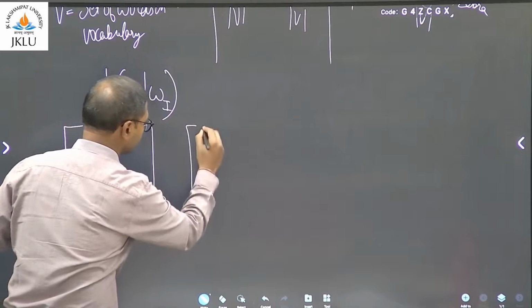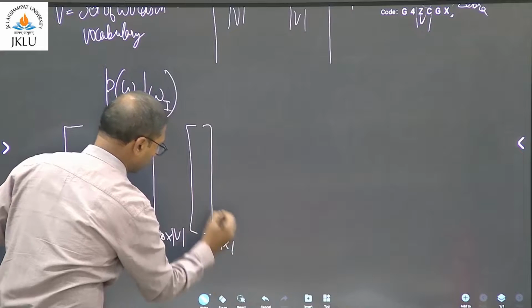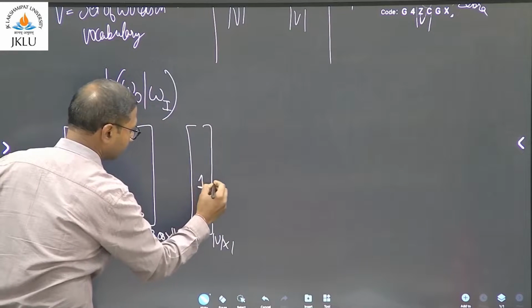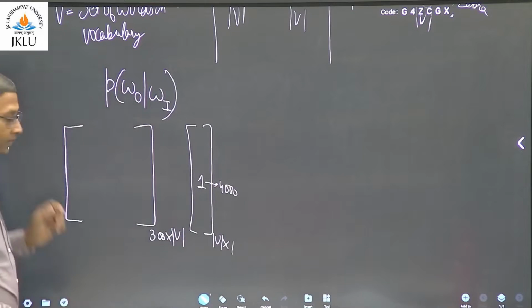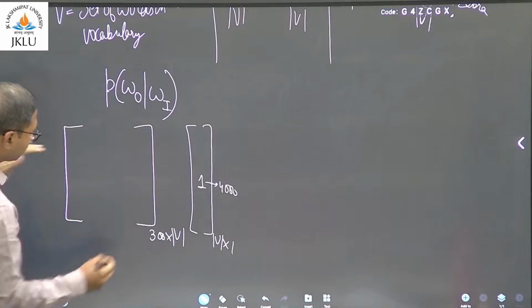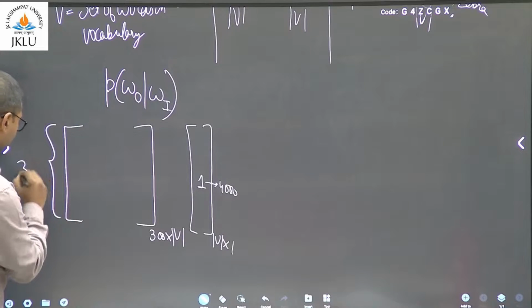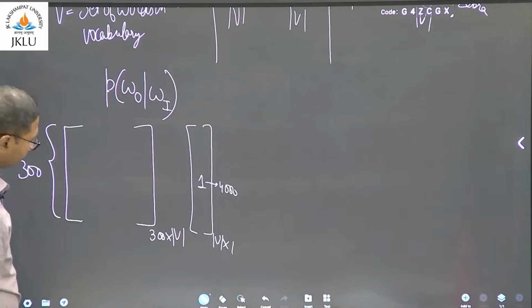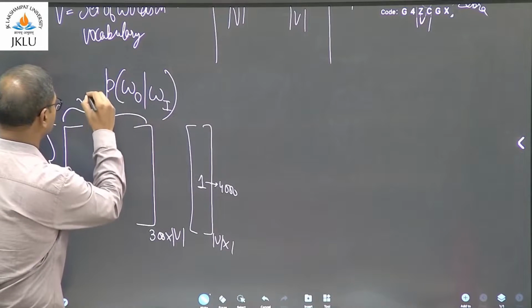What are the dimensions of one-hot vectors? Mod v cross 1. And there will be a 1 at, we are saying 4000 for Fox. Okay, so this is 300 cross mod v.